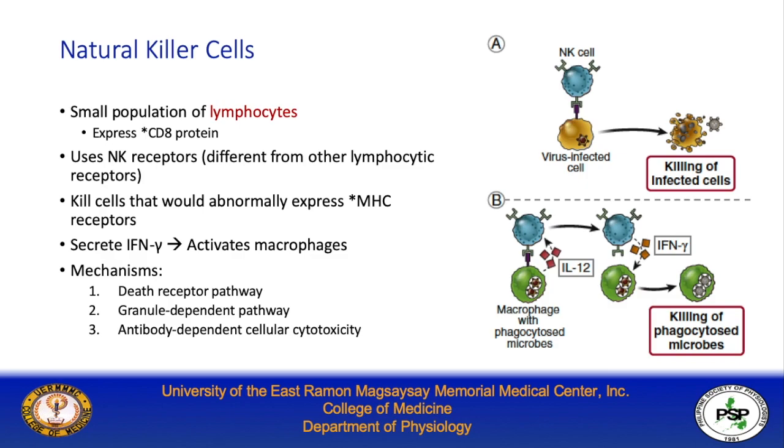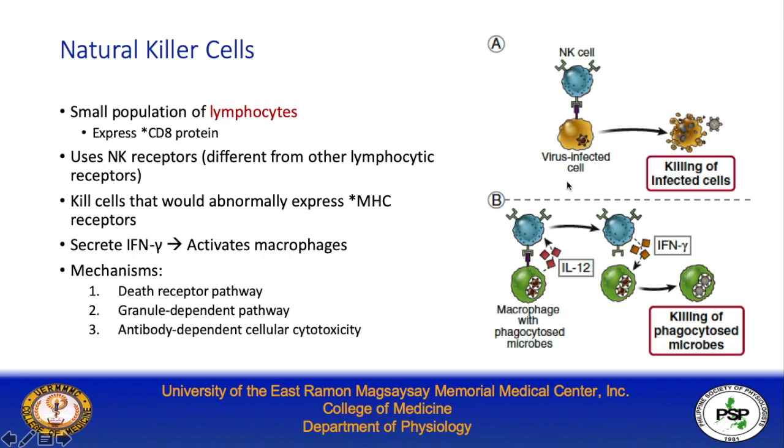So this is how NK cells act. It can either directly kill an infected cell, where the NK receptor recognizes this abnormally presented MHC, and it would kill the cell.